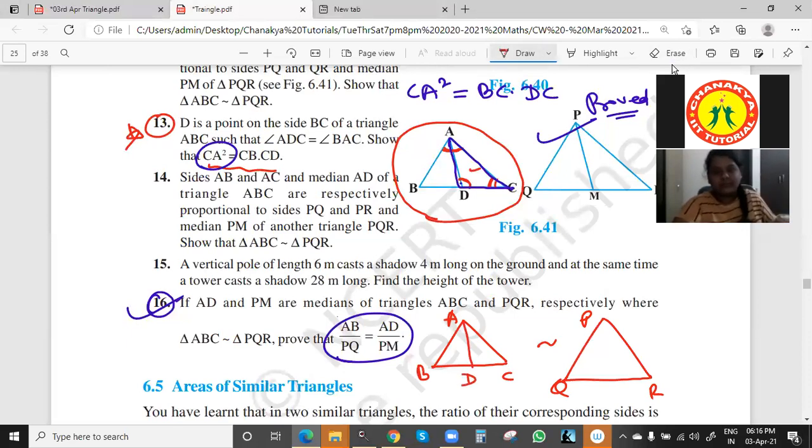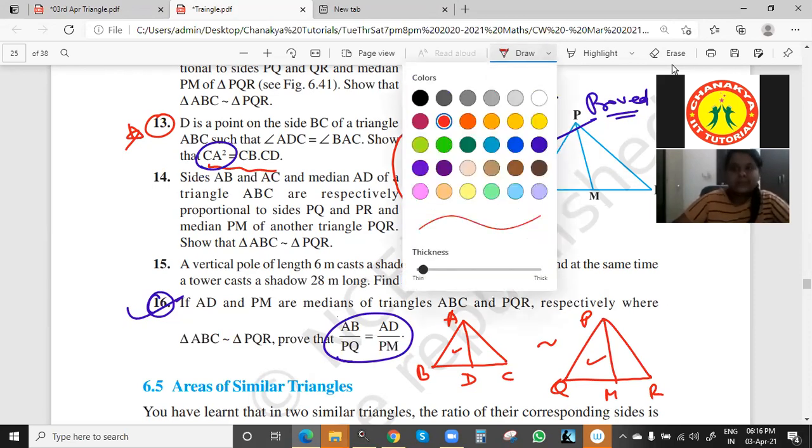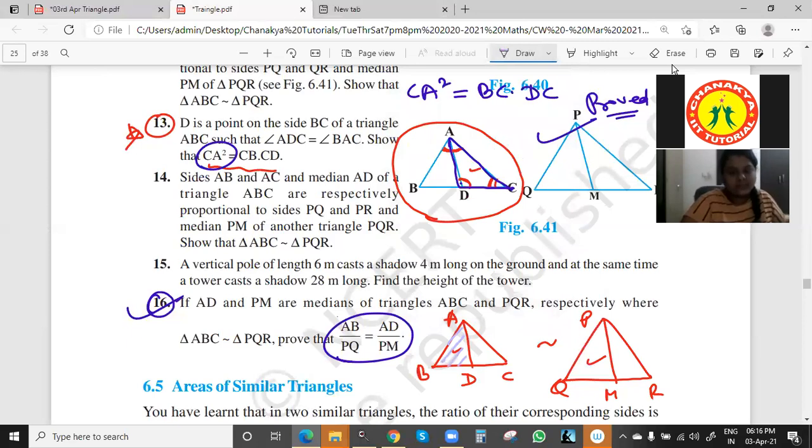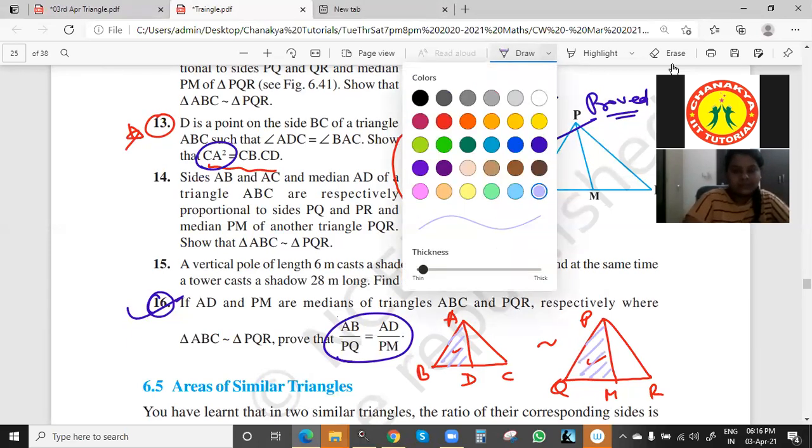Let this be AD and let this be PM. No problem. So we'll take these two triangles and make them similar, because by making these two triangles similar, we'll get the answer. How can we prove this?